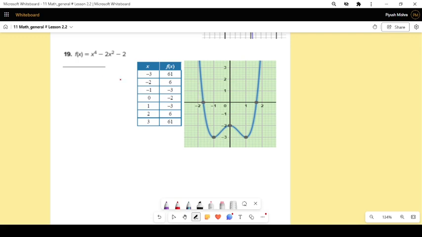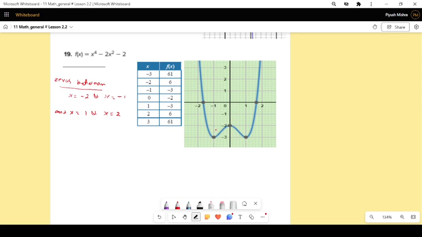It is intersecting here, so I can write zeros between x is equal to -2 and x is equal to -1. Also, you can see it is intersecting the x-axis here, so you can say between x is equal to 1 and x is equal to 2. So I have told you about the zeros between.